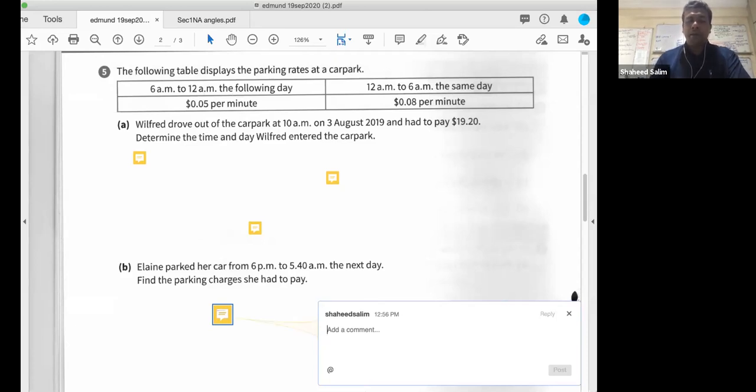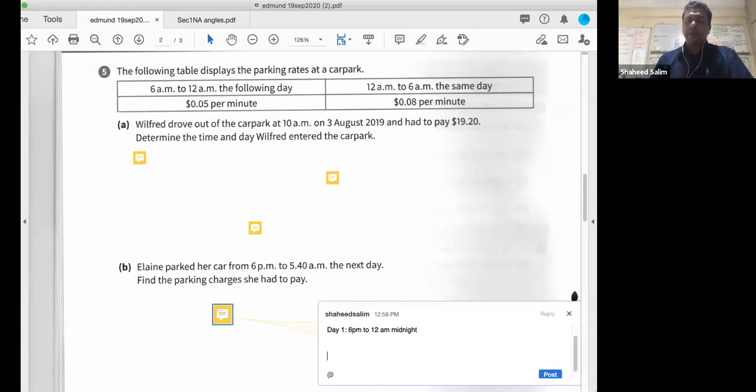You see now I divide this timing from 6 p.m. to 5:40 a.m. So 6 p.m. is like say day one, right until 12 midnight, which is 12 a.m. Then after this is one rate.